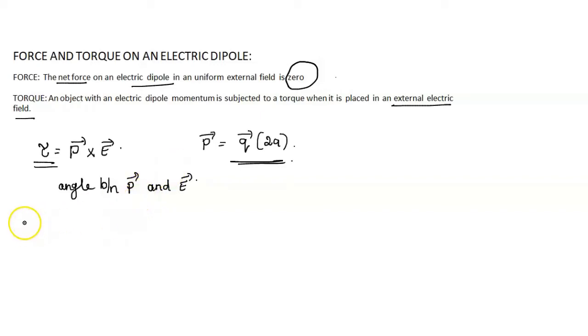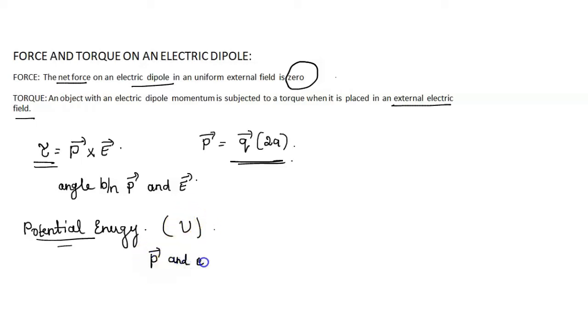Next, the potential energy. When we talk about potential energy, represented by U, of an electric dipole in an electric field, it also depends on the relative orientation of P and E. So the potential energy depends upon the angle between P and E, how it is oriented.